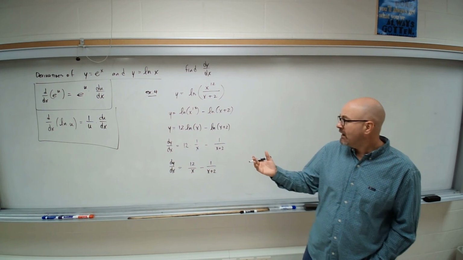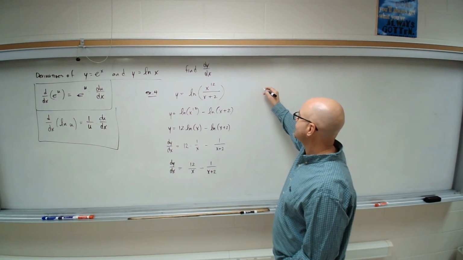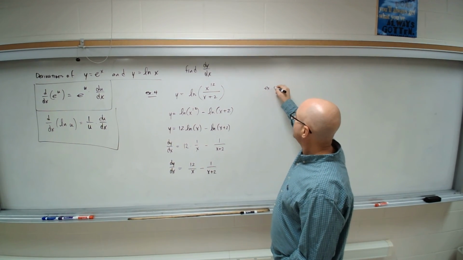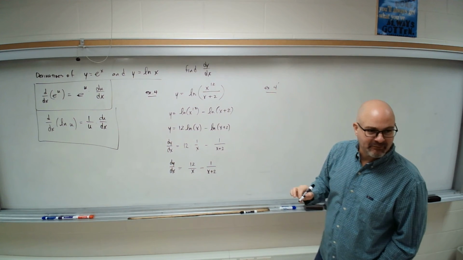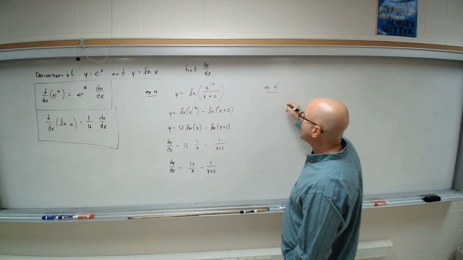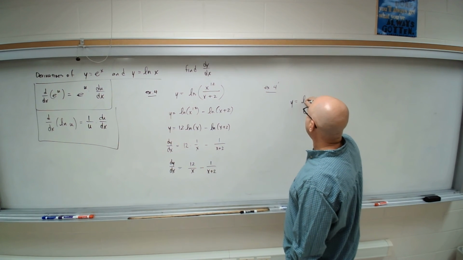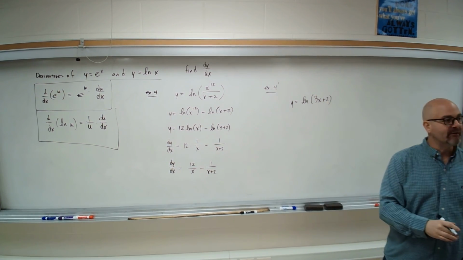That's all you get. The one thing I kind of mentioned here, just to clarify, we'll call this example 4 prime, because it came from example 4. So we got all these symbols now, right? So what if we had y equals the natural log of 3x plus 2? Just be careful taking its derivative.